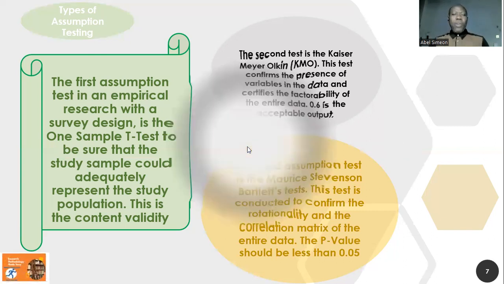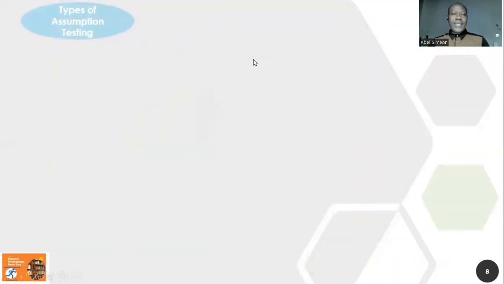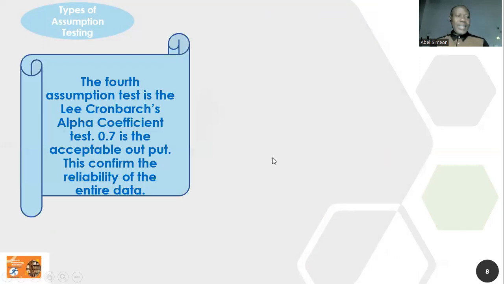Now, number four, the fourth test is the Cronbach alpha coefficient test, simply called the Cronbach alpha or the reliability test. The output should be at least 70%, which is 0.7.